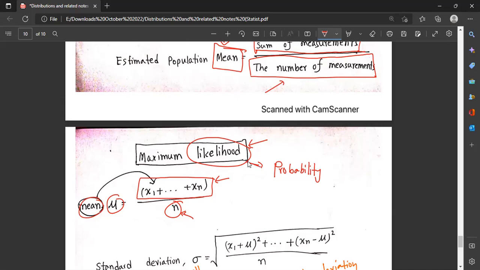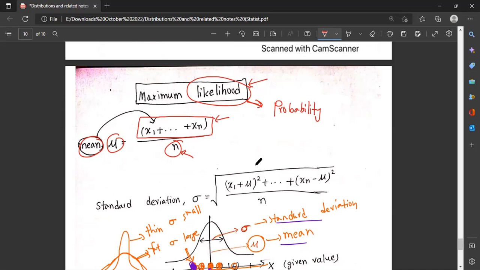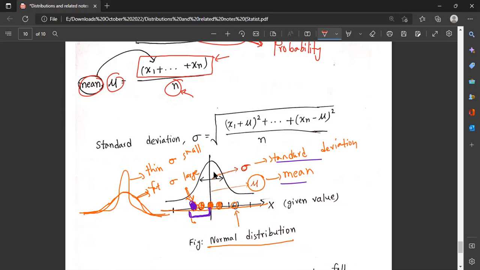And maximum likelihood. Likelihood is the probability. So if you see this graph here, the maximum likelihood is here, okay? Here you see the peak point, and here the derivative will be 0, okay? Because you know that the derivative of a line that is parallel to the x-axis, right?